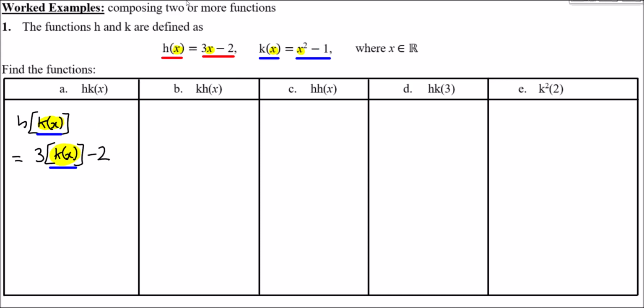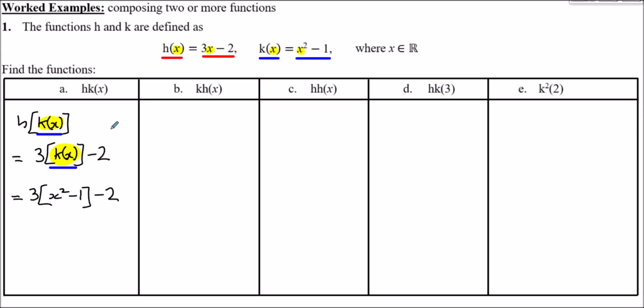So going back to the definition of what k of x does, k of x is x squared minus 1. So we just infill this instead of the notation for k of x; here's what it is algebraically. Just making that substitution in now, and all minus 2.